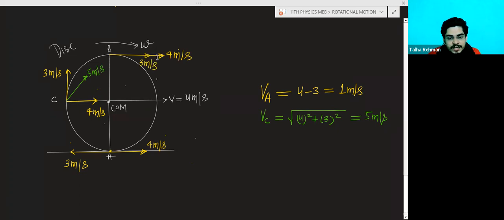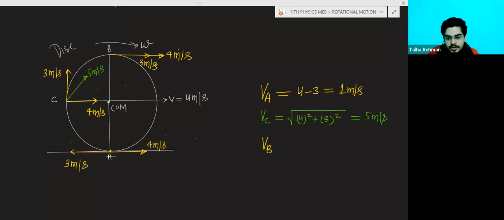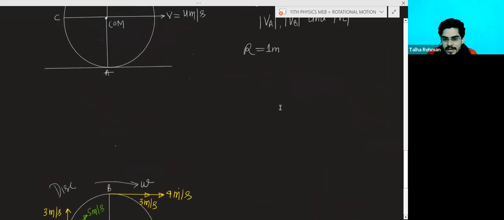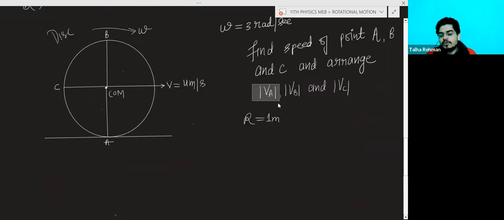Now at point B, the net velocity will be 4 plus 3, 7. So velocity at point B is equal to 4 meter per second plus 3 meter per second, that is equal to 7 meter per second. Now we have the velocity at points A, B, and C, and we will arrange them.